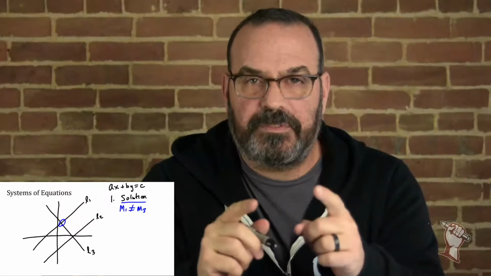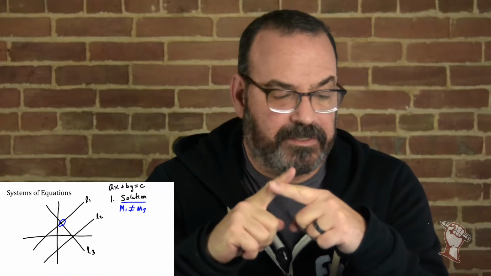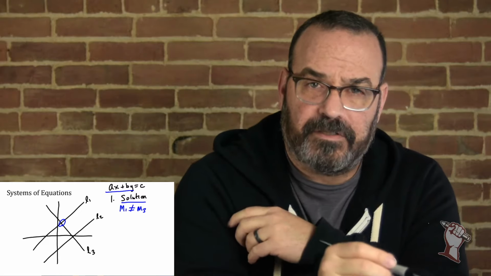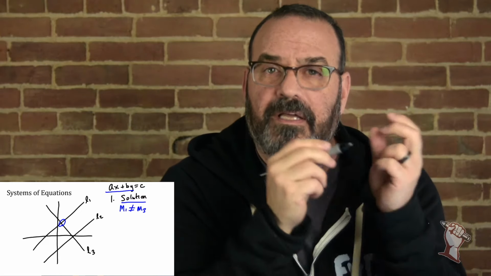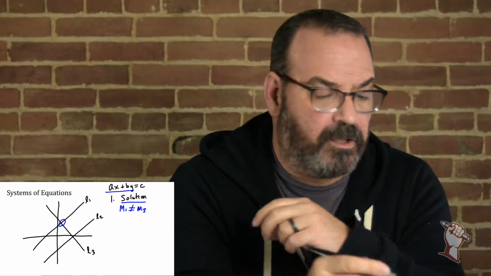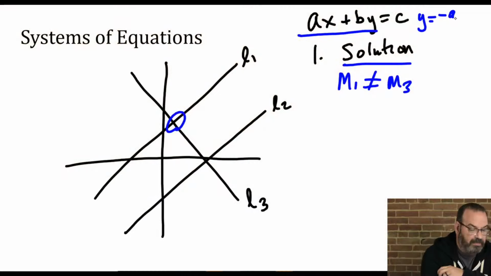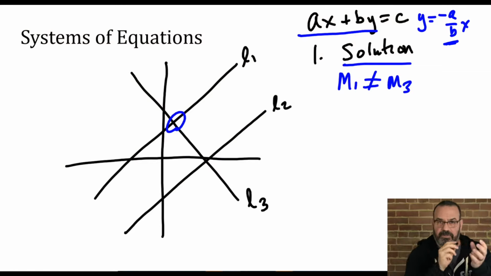If the slopes are not equal, they have a solution. Giving them in standard form, we have to convert to slope-intercept form to look at the slope. So the slope of this line is y equals negative a over b x. That's the slope. That's what you have to compare. You have to solve y in terms of x.